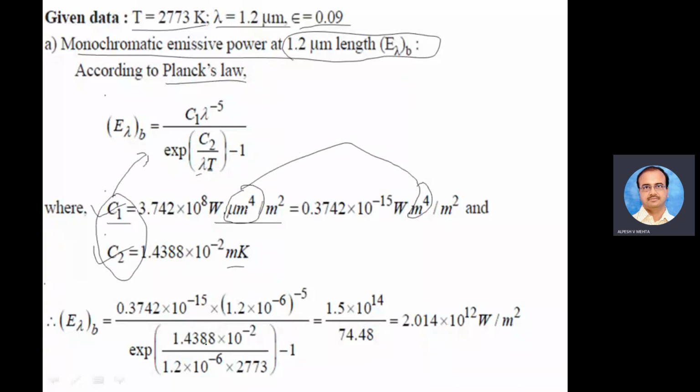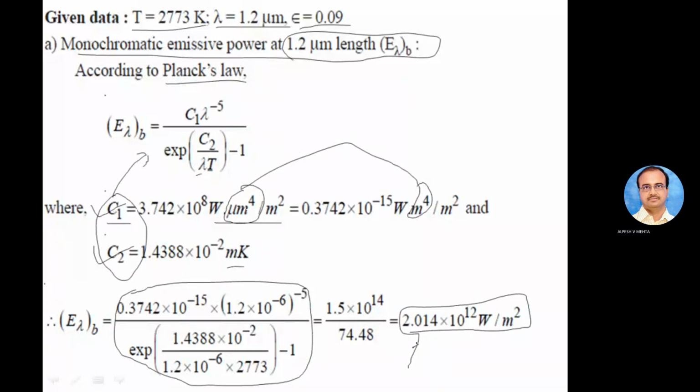When we put in all the values and calculate, we get the monochromatic emissive power of this furnace, which we assumed to be a black body. Its value is 2.014 times 10 to the power 12 watt per meter square. This is our first answer.